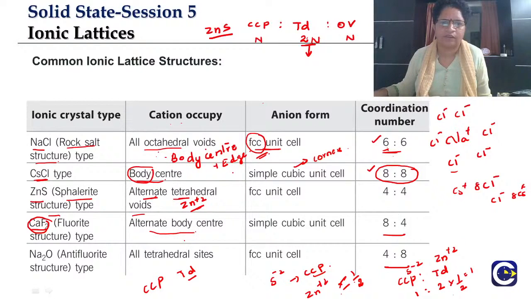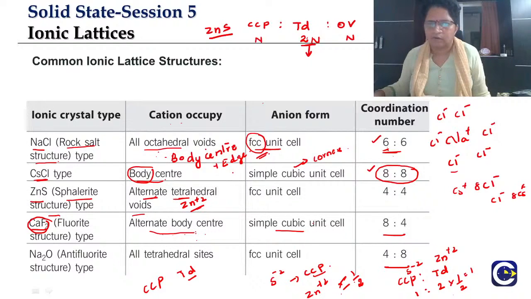In calcium fluoride, the cation is occupying alternate body centers, and the anion is occupying all the corners. That is, it is forming a simple cubic unit cell. Here when we took cesium, all body centers were occupied, so we got a coordination number of 8:8.